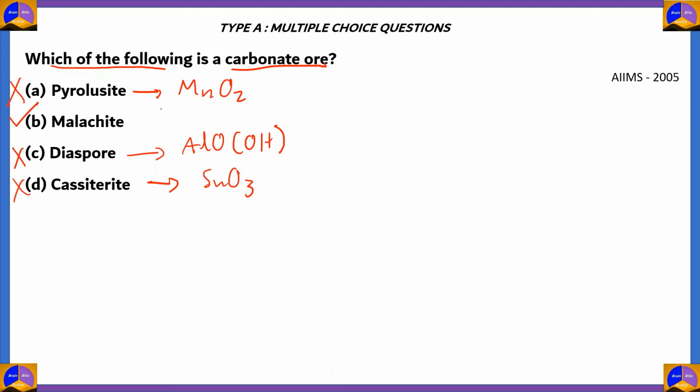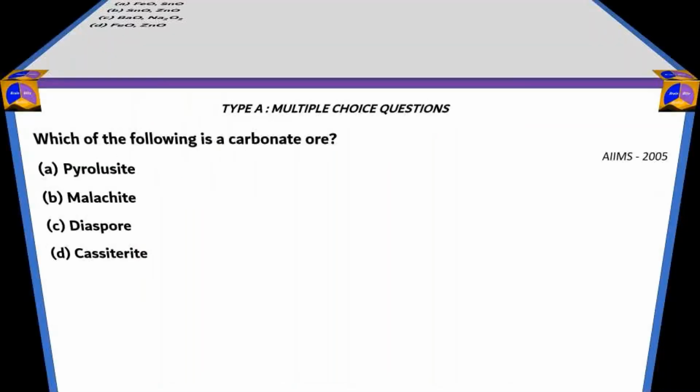The right answer is option B, malachite. Malachite is an ore of copper. It is copper carbonate times copper hydroxide. So this is a carbonate ore. Option B, malachite, is a carbonate ore. So option B is the right option.